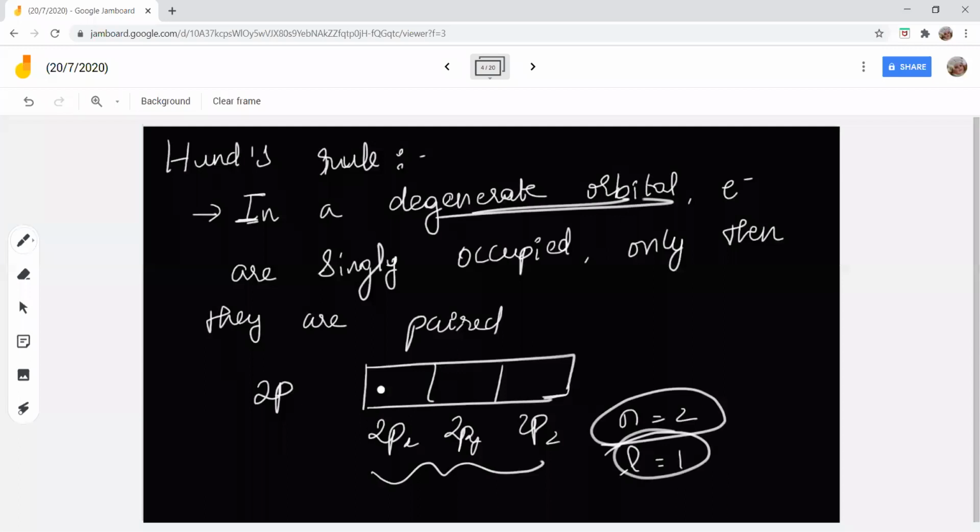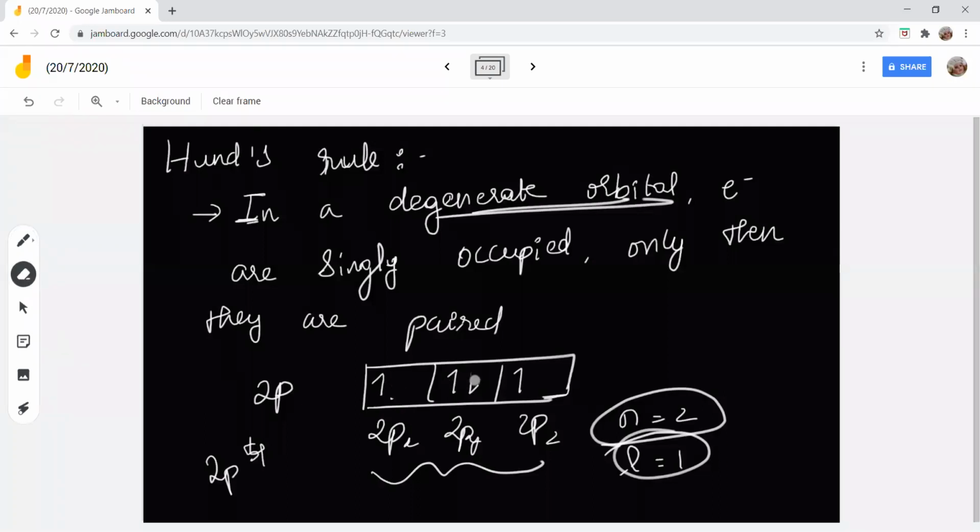Clear? In degenerate orbitals, suppose in 2p if I have to fill 5 electrons, how will I fill? First, each orbital has to be singly occupied. Only then you have to start pairing it. So 2p5 will look like this. If it is 2p4, how will I fill it?